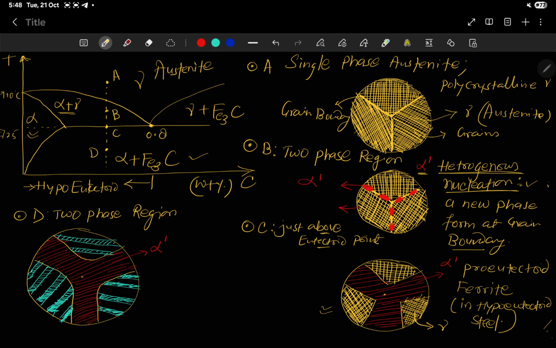Here we will get alternate lamella of Fe3C, and we will get here alternate layers of alpha and Fe3C.